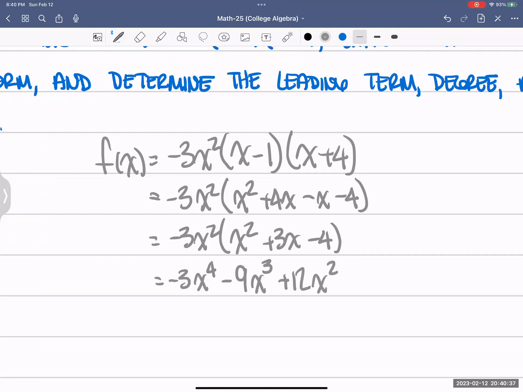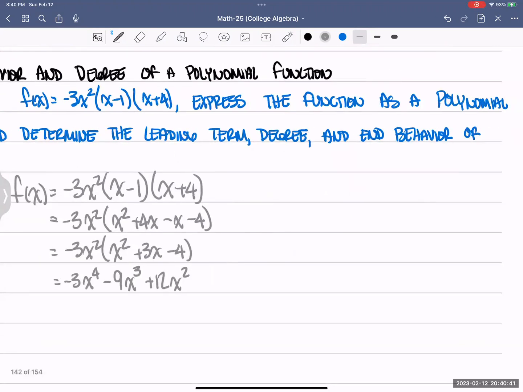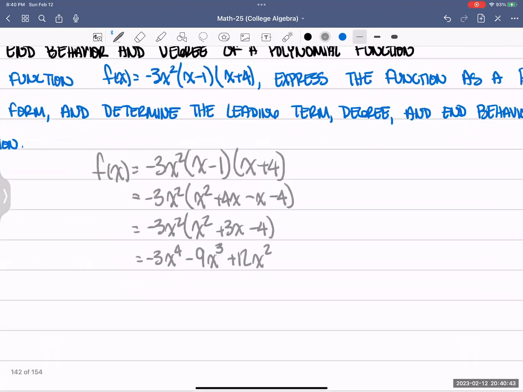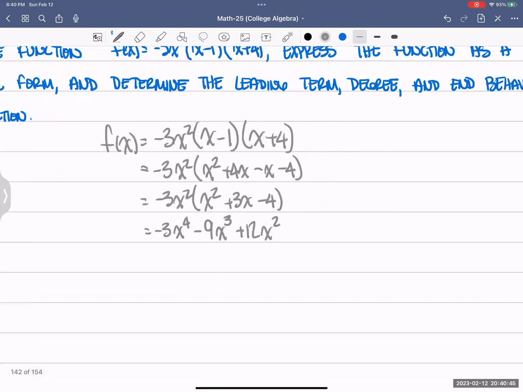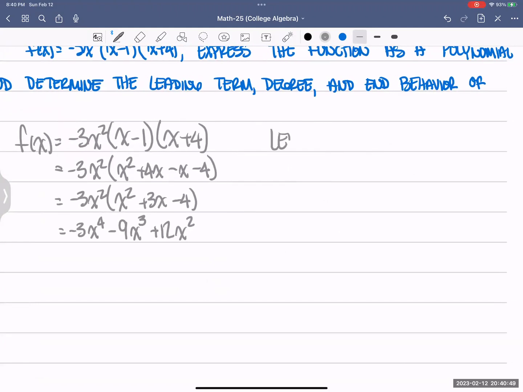And now from here, we could find everything. So find general form, determine leading term, degree, and end behavior. Starting with our leading term, then degree, and lastly, our end behavior.